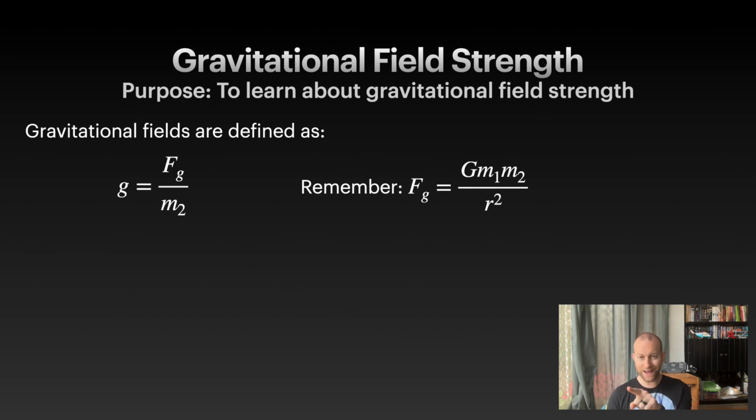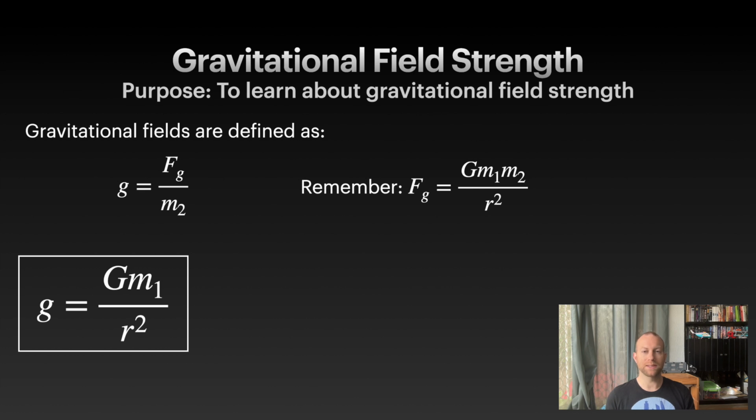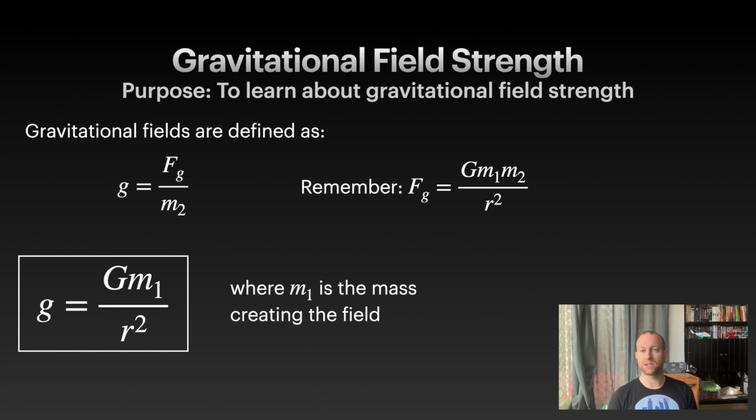So if I plug that equation of Fg into the equation for little g, I will get this equation. So notice it's the same as Fg, except one of the masses has disappeared. M1 is the mass that's going to create the field. So if asked for gravitational field strength caused by the Earth, I'd use the Earth mass. If I say what's the gravitational field caused by me, you'd use my mass.